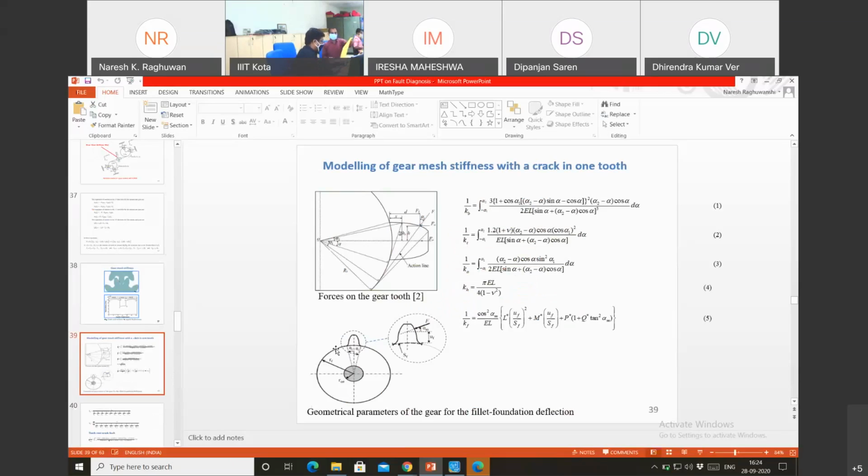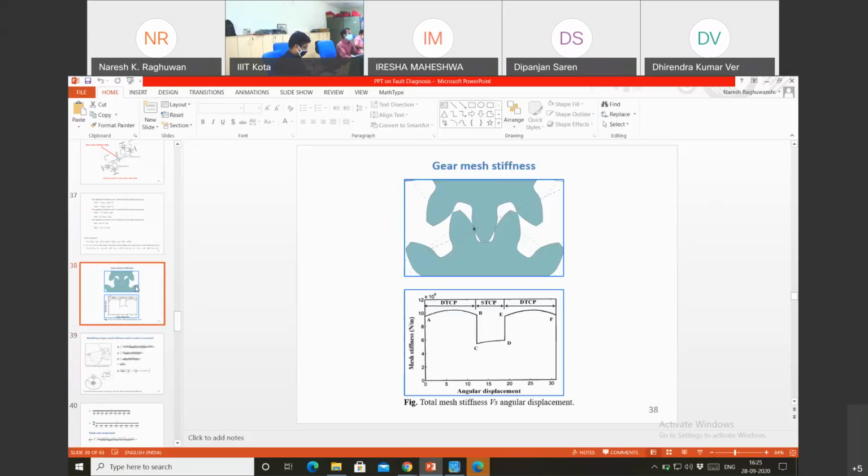Yes. And in the previous slide, you have just shown the 2 point and 4 point contact in the gear. So you are calculating DTCP and STCP.